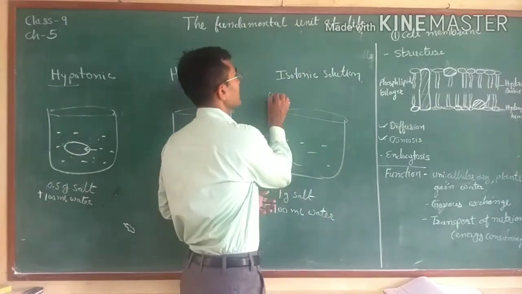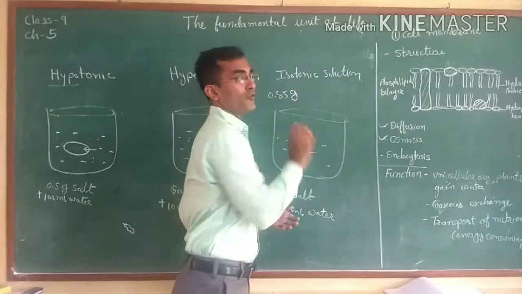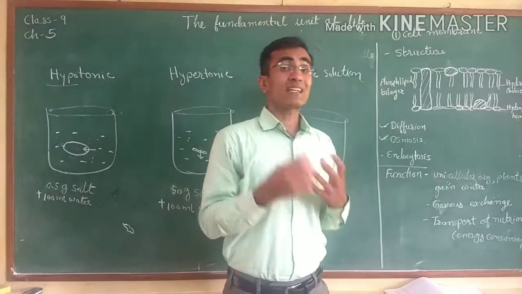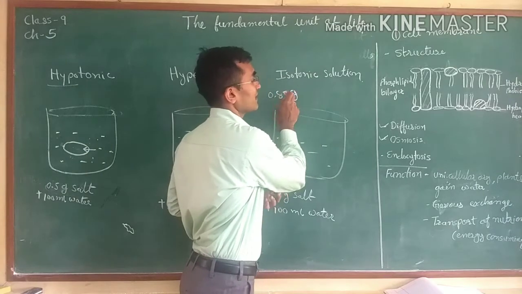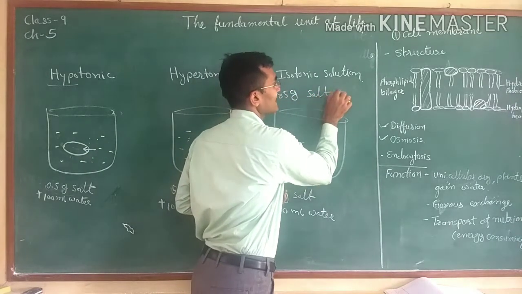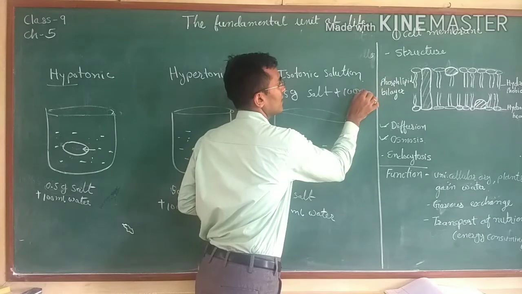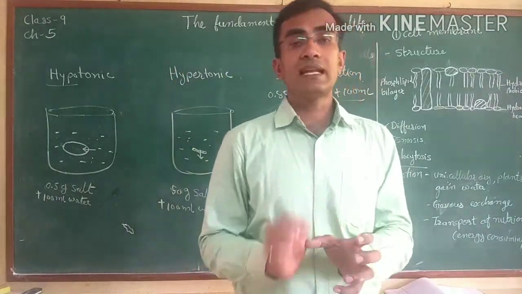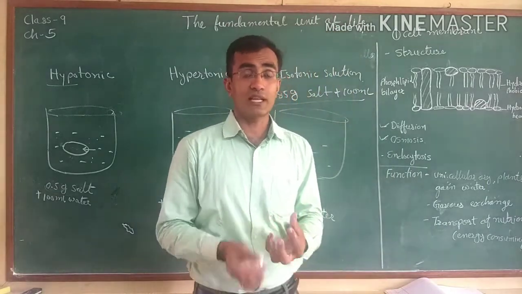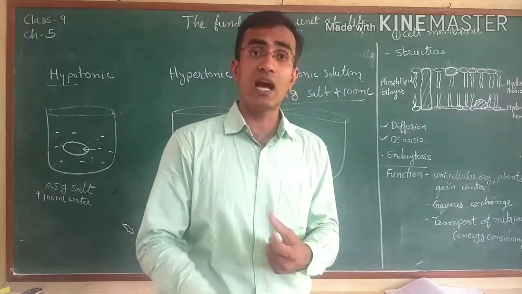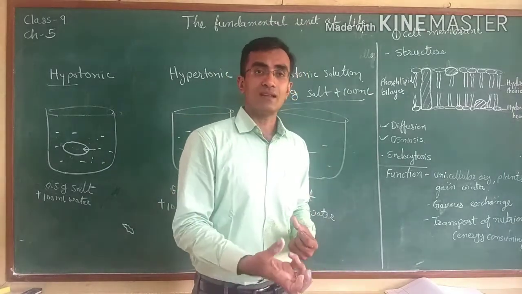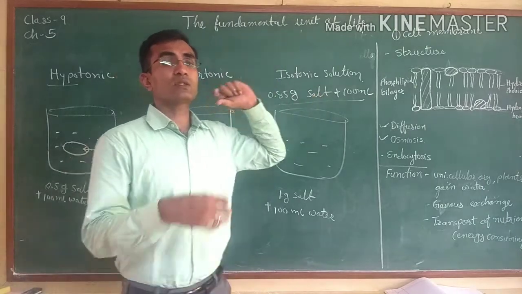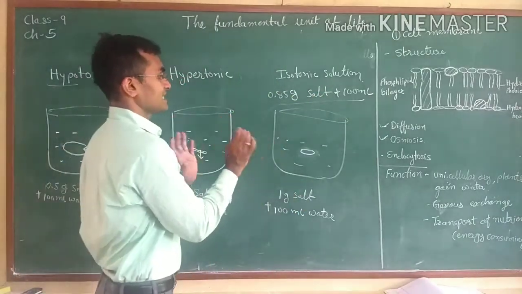If we add 0.85 gram of NaCl salt into 100 ml water, that means 0.85% NaCl solution is called the normal saline solution, and normal saline solution is quite similar to the concentration of the cell. Okay, so if we make this kind of solution, the cell will remain as it is.